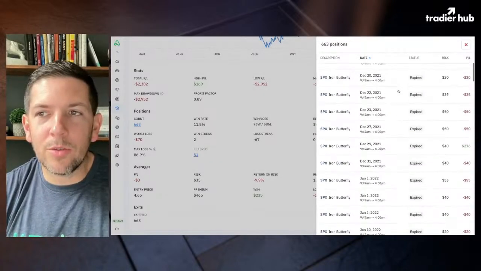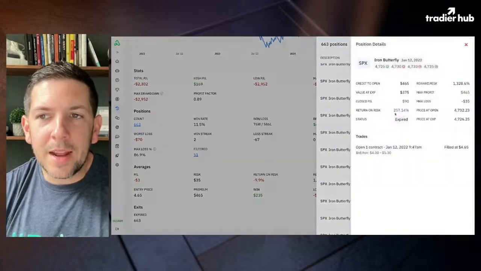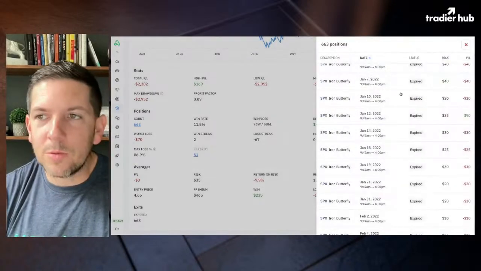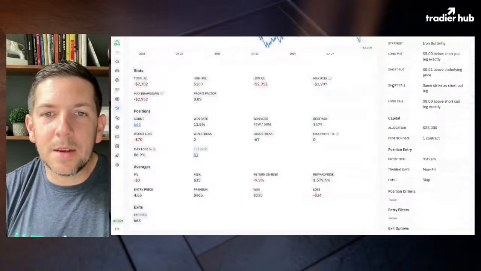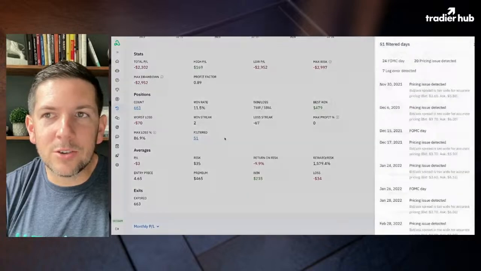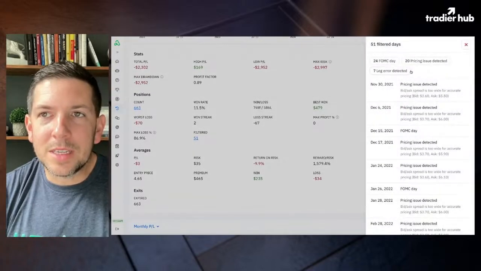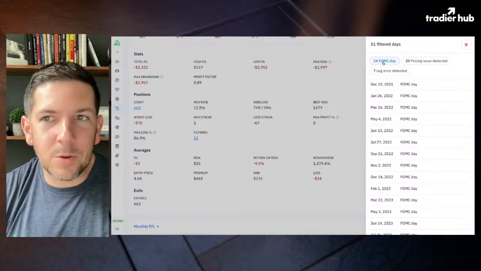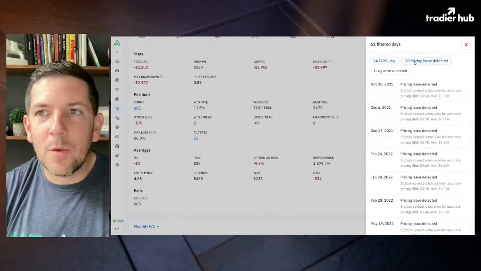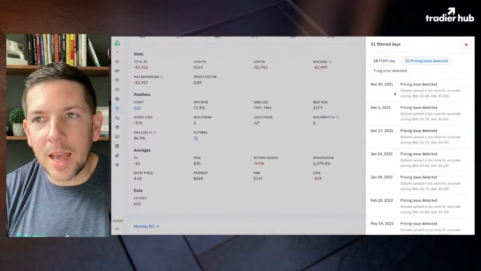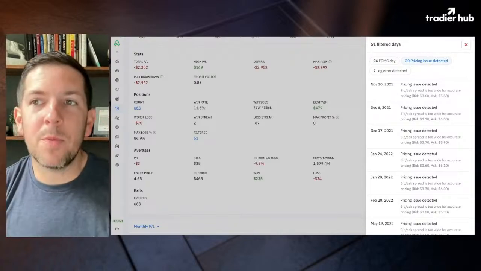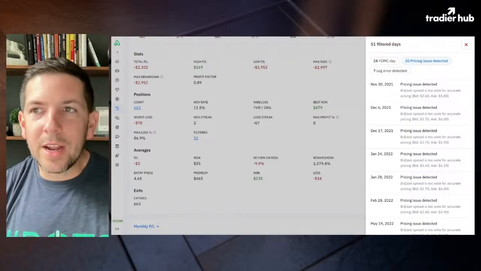So you can just look through it yourself and see, oh, this one ended up being a winner, this one ended up being a loser, whatever the case is. If there were any trades that were filtered out, you can see that here under the filtered out trades. So in this case, we had 24 days that were FOMC days, so it didn't trade. We had some other pricing issues where sometimes the data, like the market at that moment in time, has really wide or inaccurate spreads.